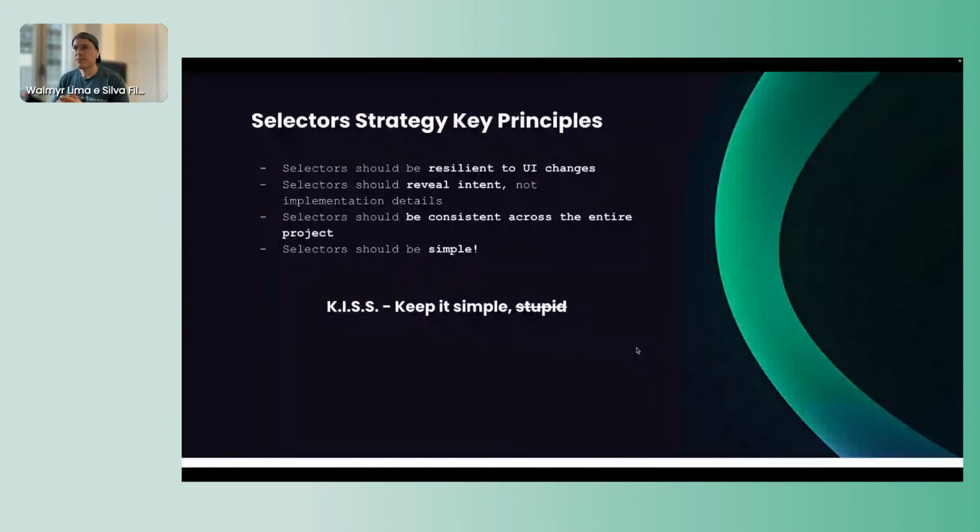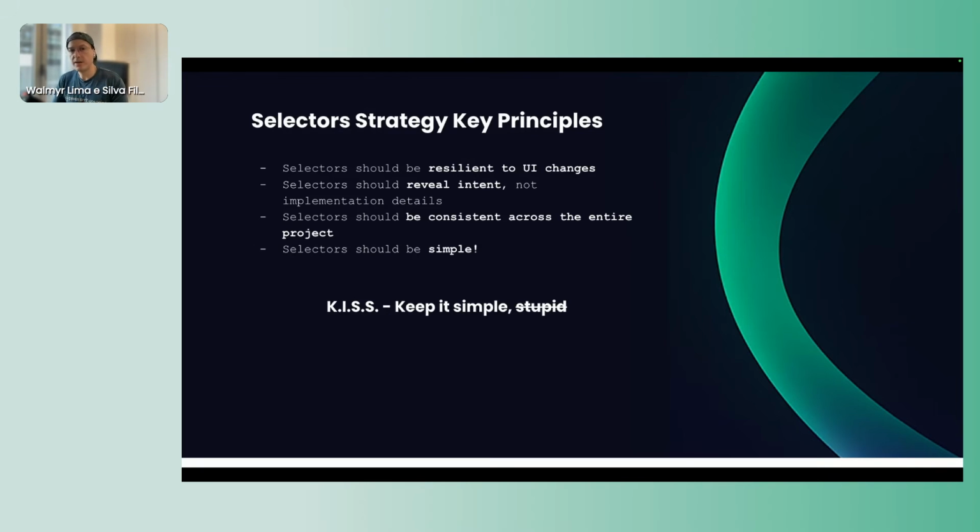So to wrap up with regards to selectors, strategies and key principles: selectors should be resilient to UI changes. When you change a class in the application, it should not break your tests. Selectors should reveal intent, not implementation details.